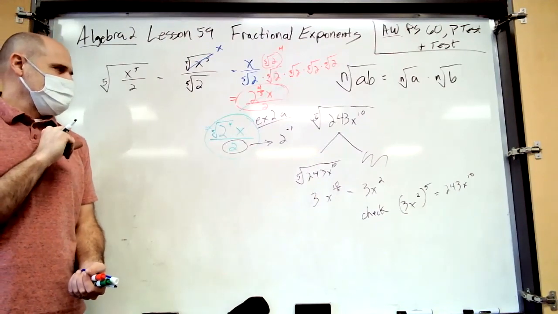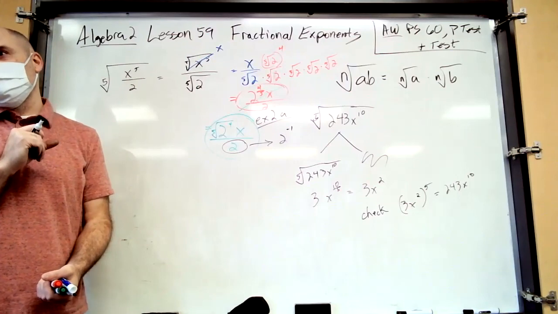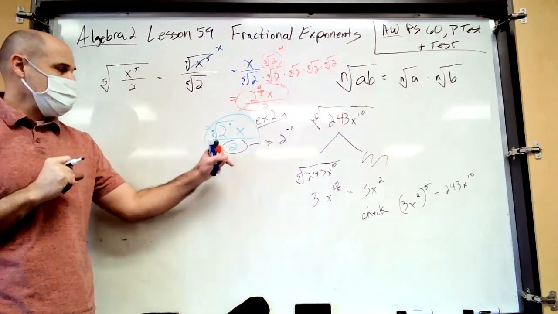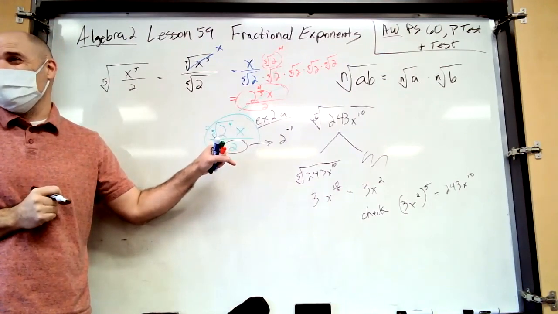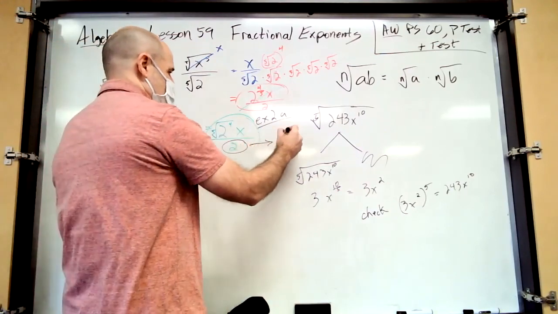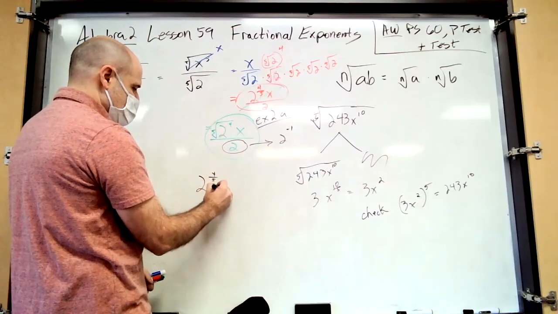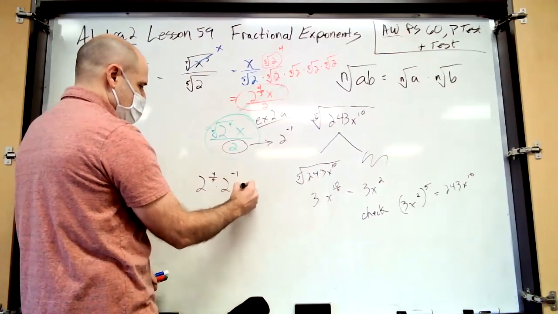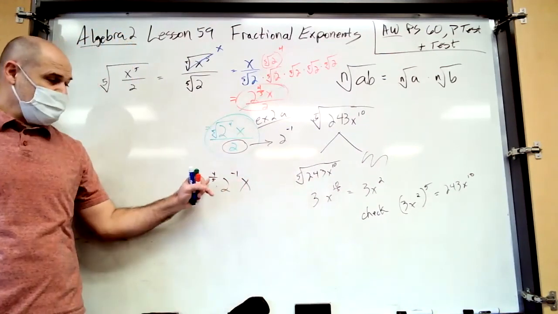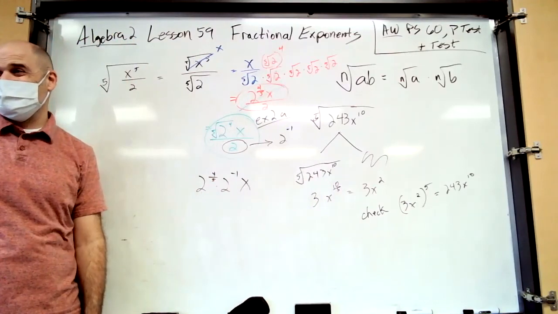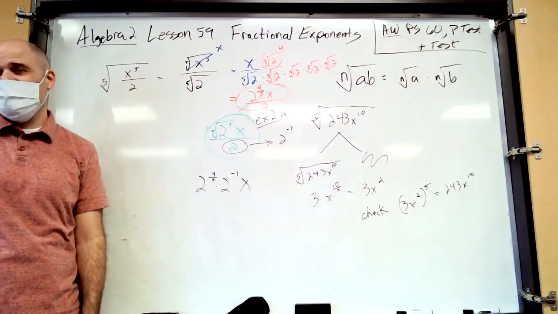Okay, so 2 to the negative 1. Do you see how this is 2 to the negative 1? If I put that on top, it would be 2 to the negative 1. So then I'd have 2 to the 4/5 times 2 to the negative 1, x. And what do you do with those exponents? You add them.